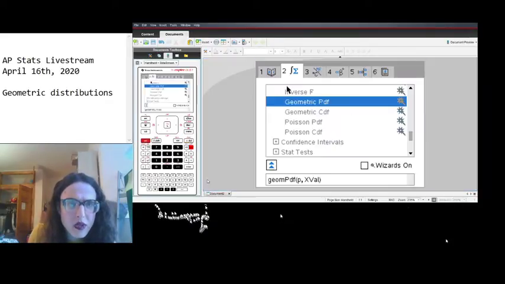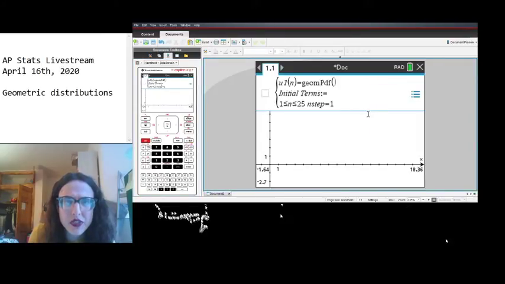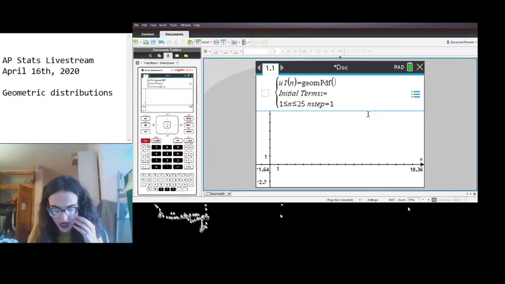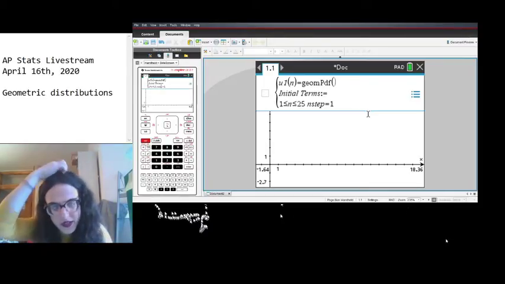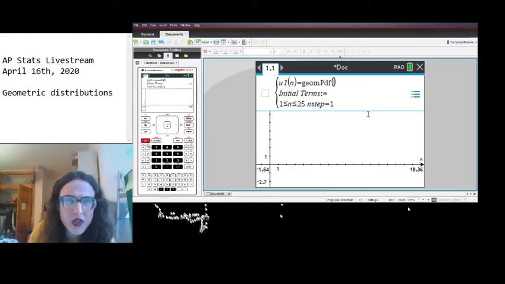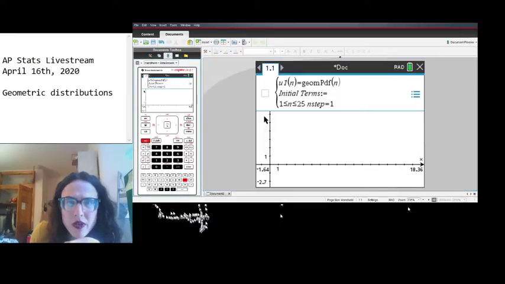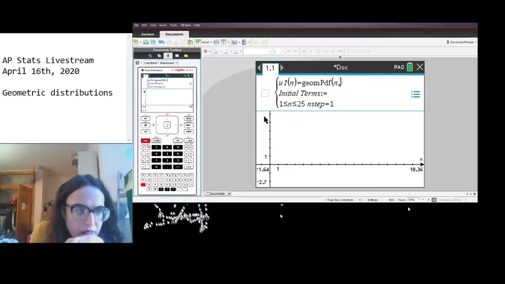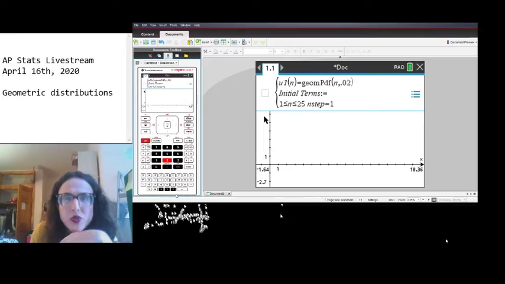And here, again, we're going to pick the geometric PDF. We give it the number of trials, and since the variable here is n, we say n, comma, and the probability is 0.02.